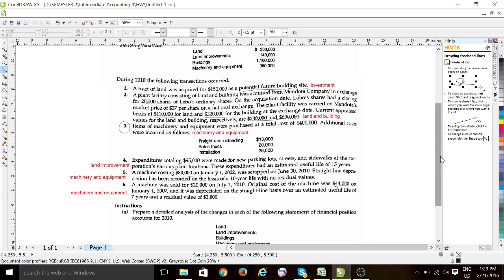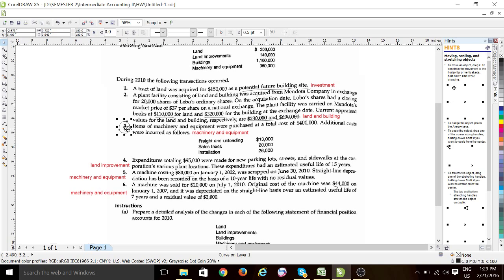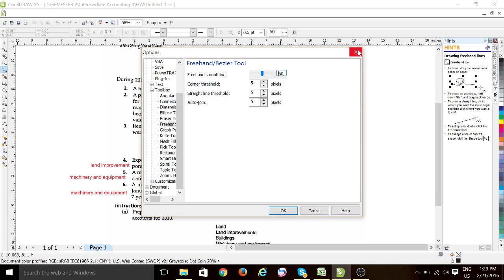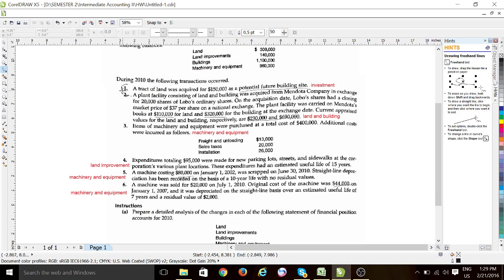So the transactions that we do not use to answer question A is the first transaction, which is an investment.